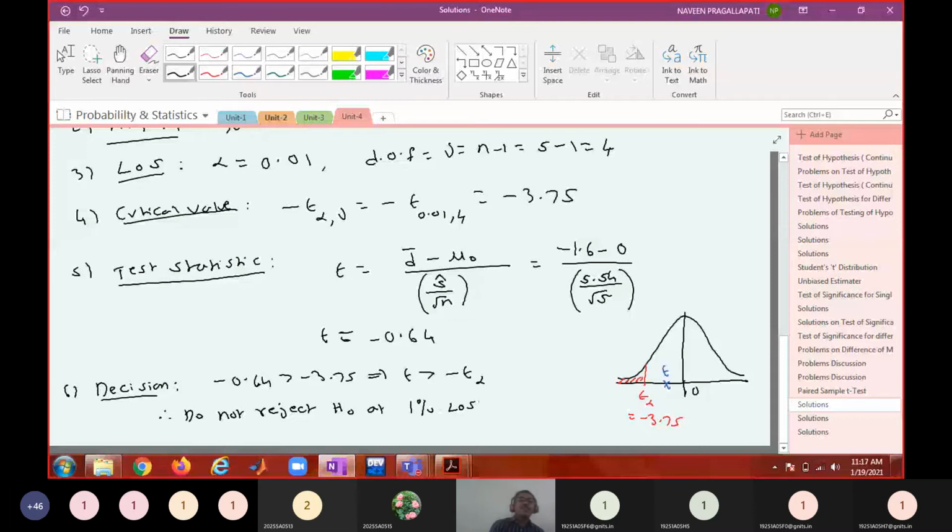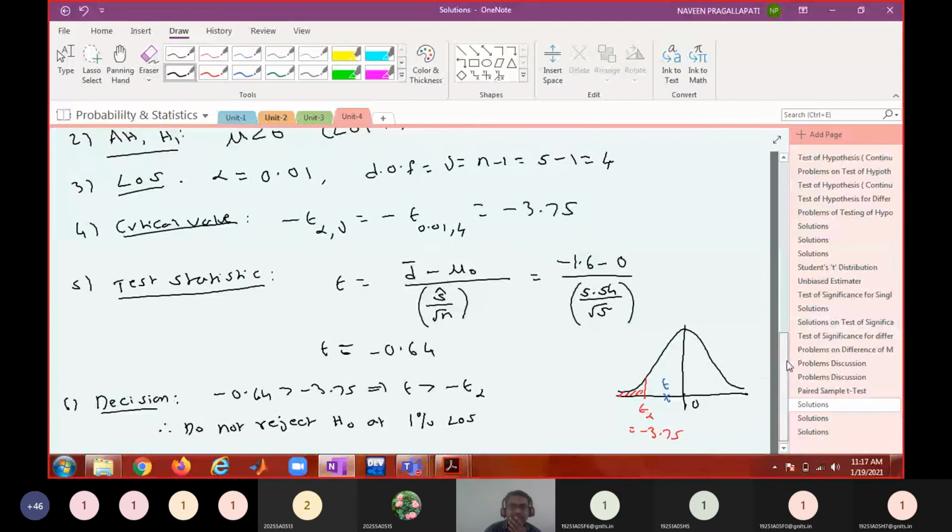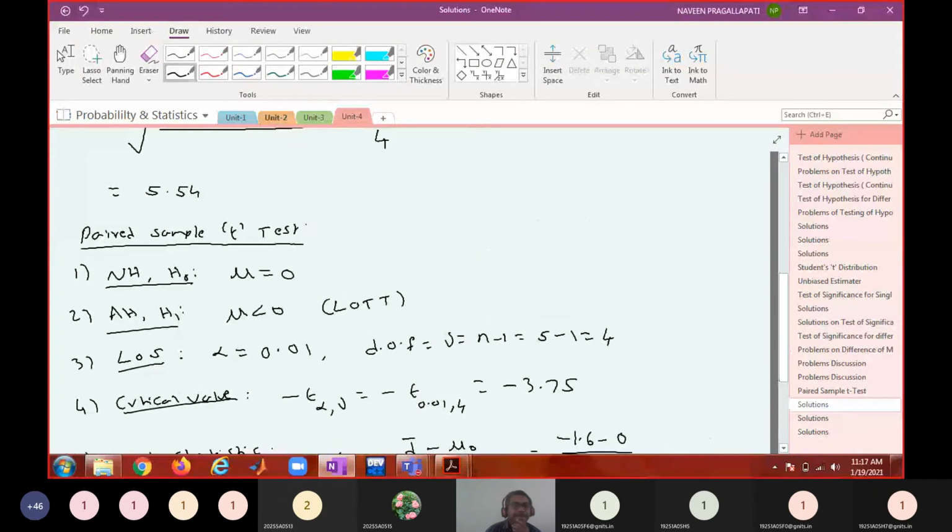So from this, what is your conclusion? Is it in favor of H1? That means there is no significant change in the blood pressures because of this particular drug at 1% level of significance.